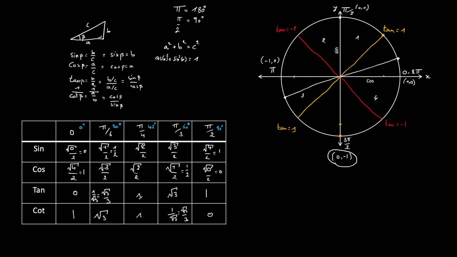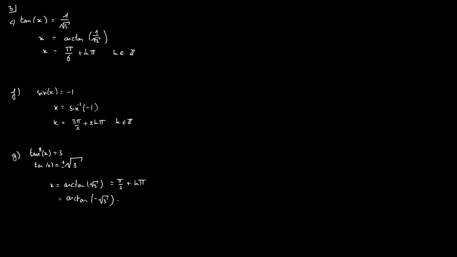In that case, let's consider our sine to be negative, and that means that we're on this side of the angle, meaning that we are at minus pi over 3. So minus pi over 3 plus k pi, right?